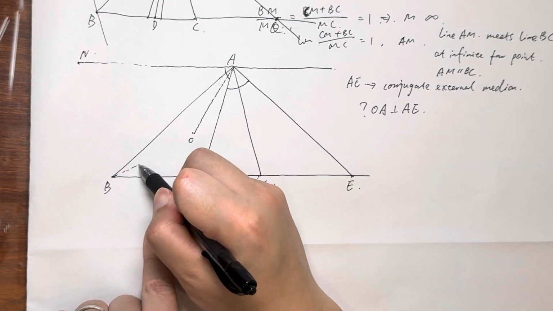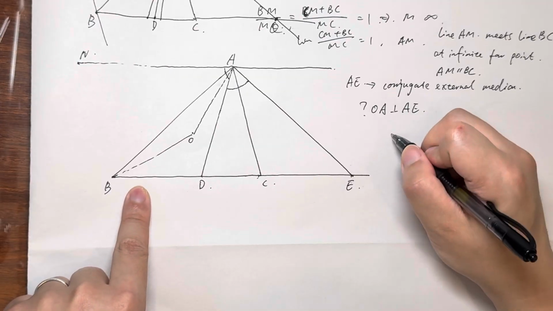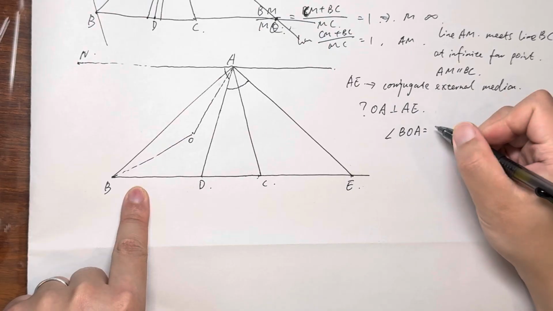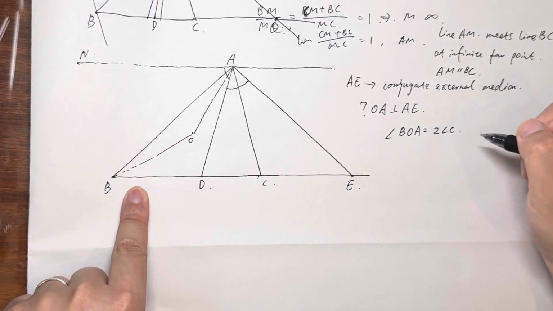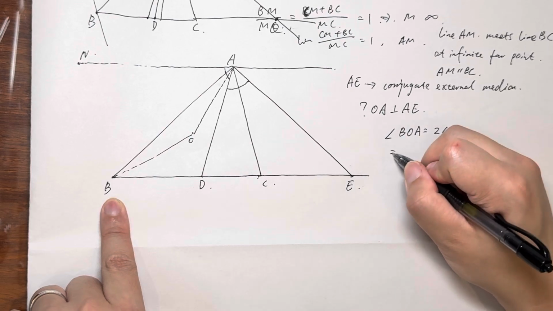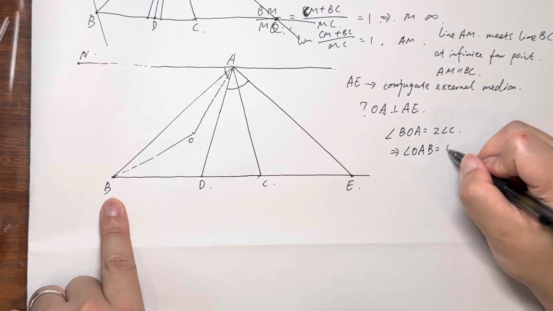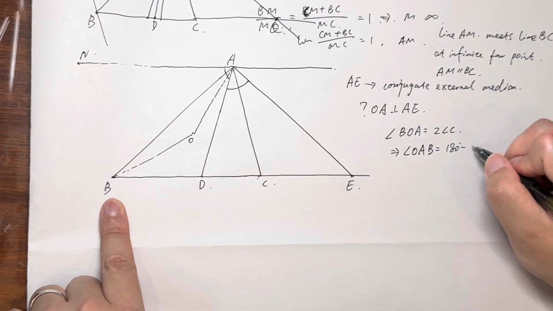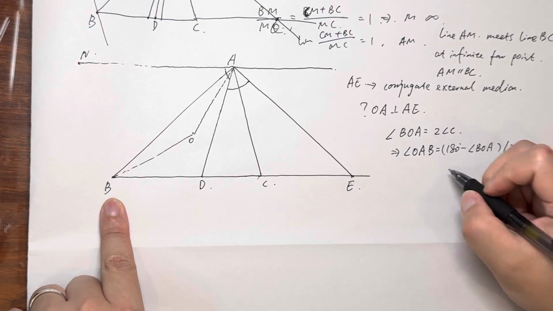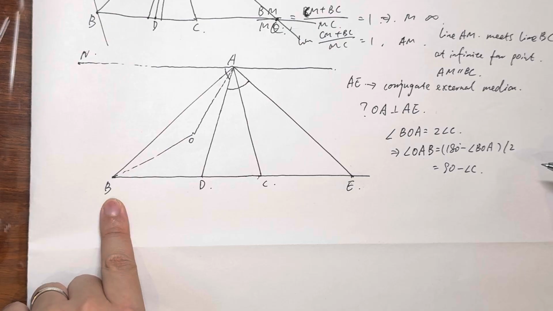Now, if we connect OA and connect OB, we know that angle BOA equals twice angle C, right? Here, angle C means angle BCA, which means angle OAB equals (180 degrees minus angle BOA) divided by 2, which is 90 degrees minus angle C, right?